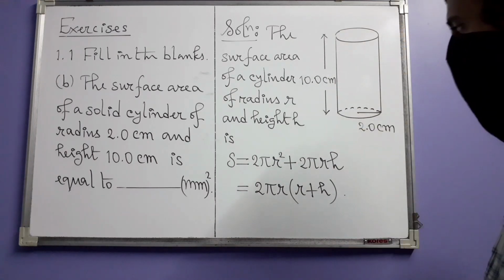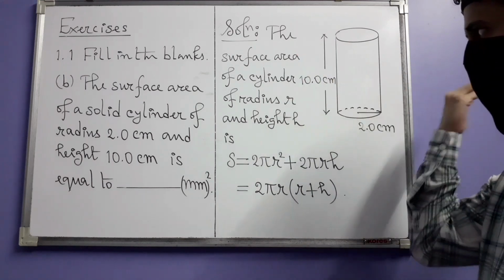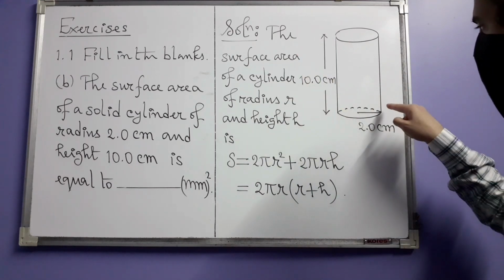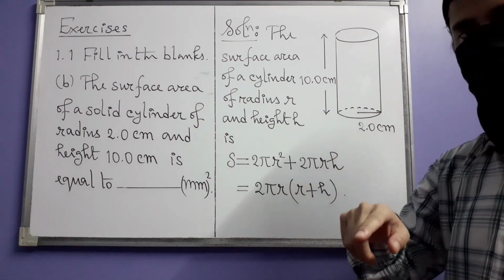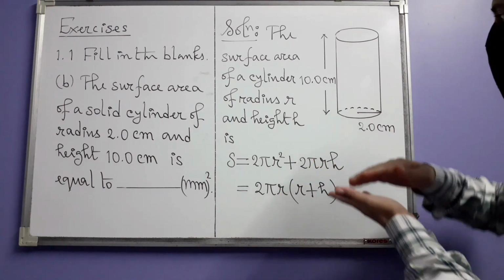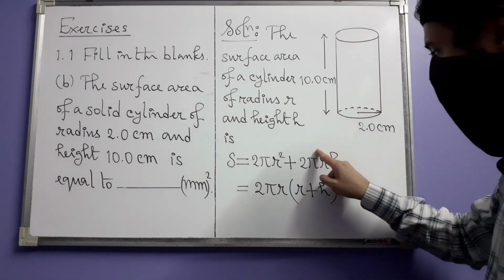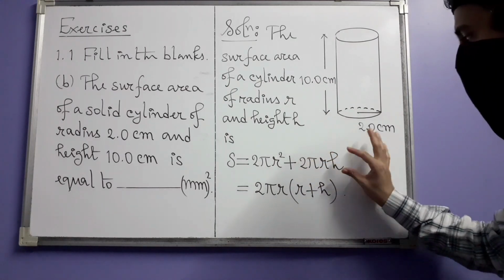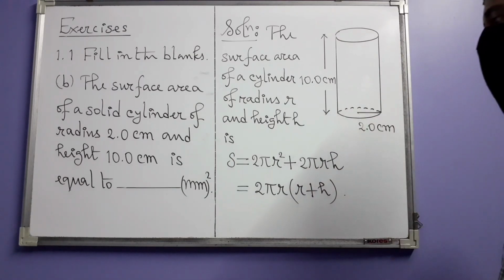So you add them up and you get 2 pi r square. But what about this area? This area is this length of the circle, that is its circumference, times the height. So the circumference of the circle is 2 pi r and the height is h. So this area is 2 pi r h.